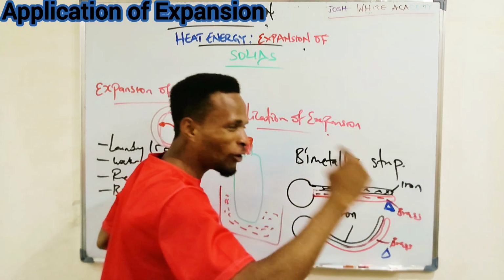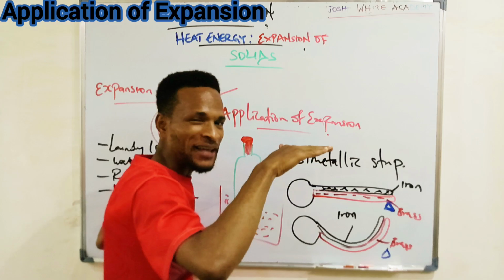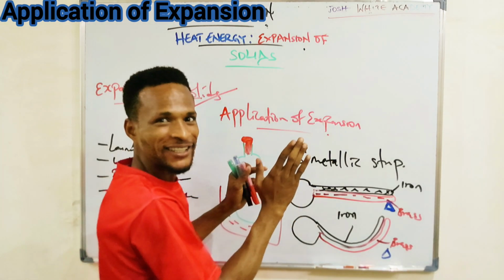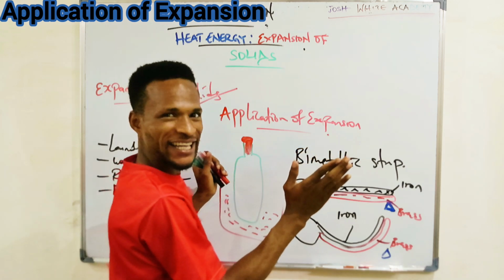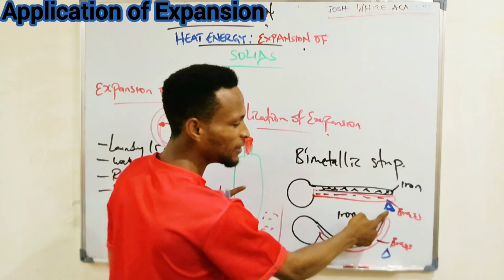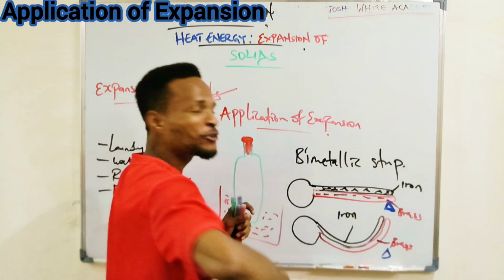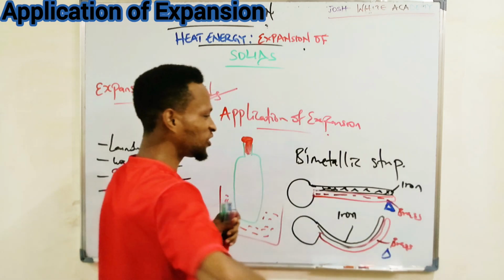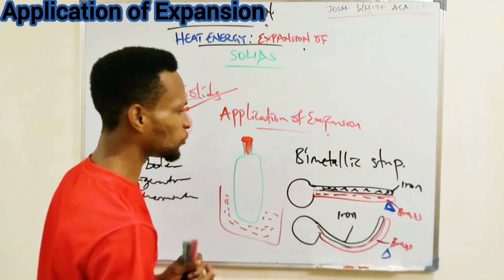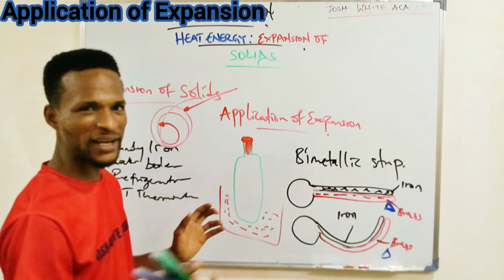So current will no longer be flowing. So the temperature will begin to drop. And as the temperature begins to drop, the brass will now start contracting again. It will contract to return to its original size, coming back to this contact point. So that cycle continues, turning on and turning off the electric iron or water boiler.